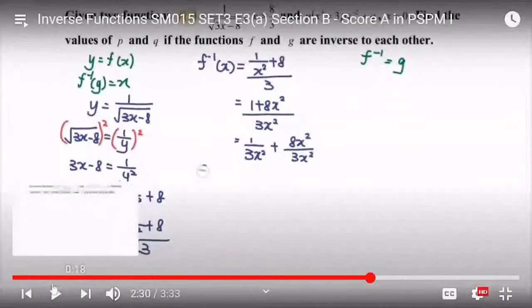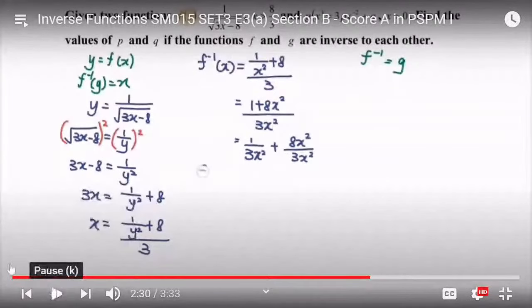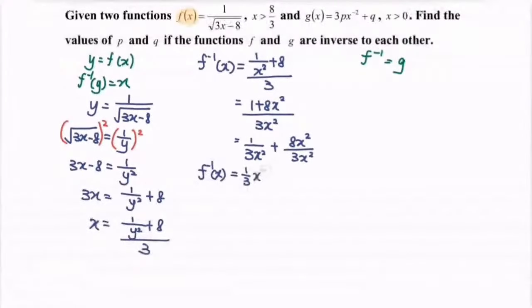f inverse of x is equals to 1 over 3 x to the power negative 2 plus with the 8 over 3. Kindly compare the situation with the g. So we will have 1 over 3 x to the power negative 2 plus 8 over 3 is equals to 3p multiplied with x to the power negative 2 plus with the q.